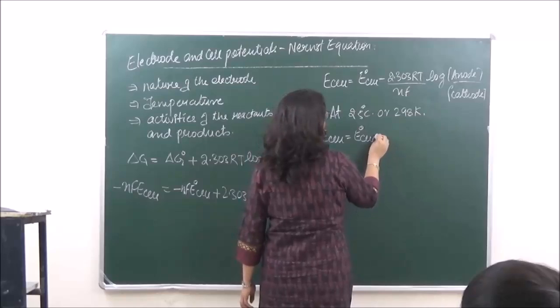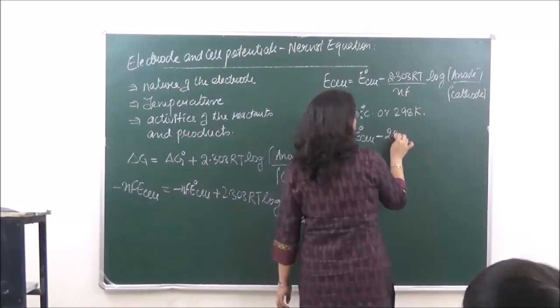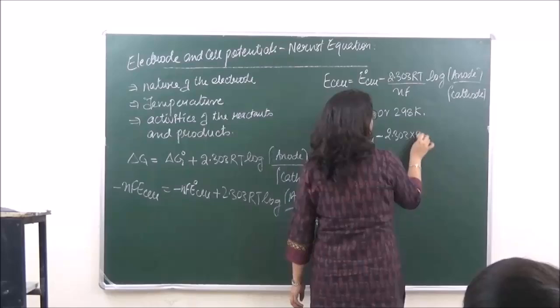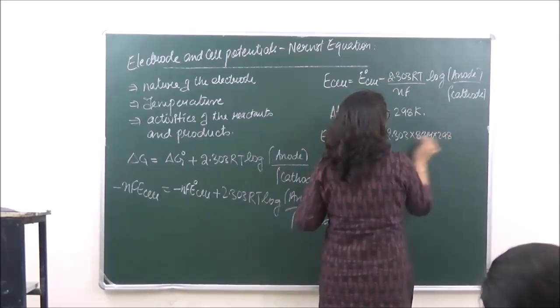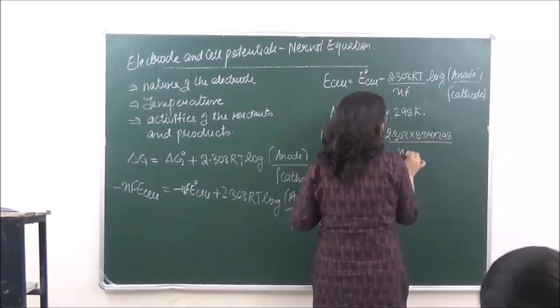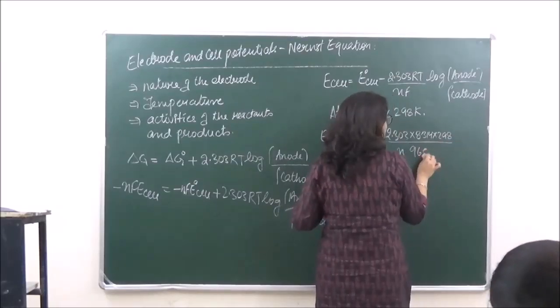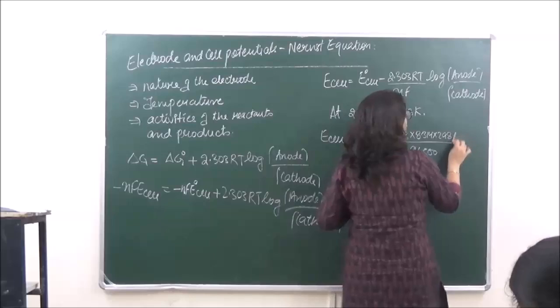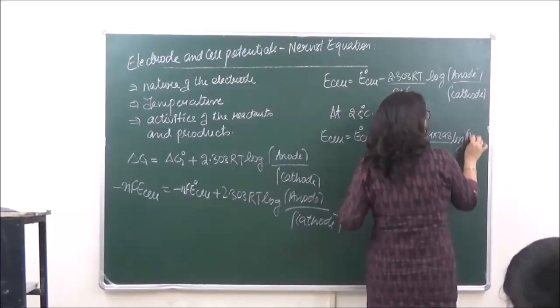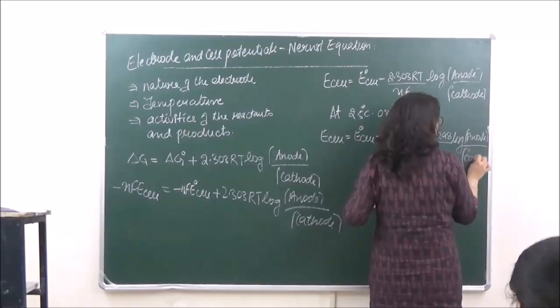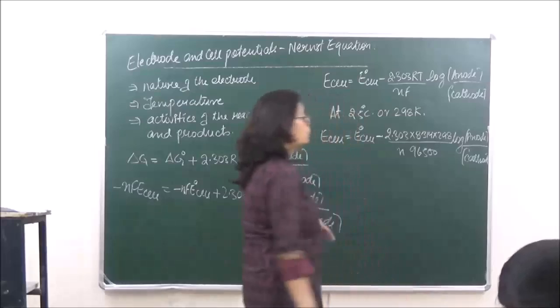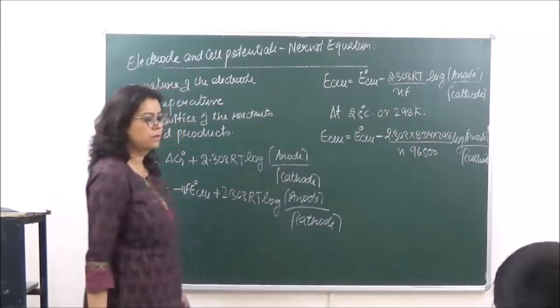So over here E cell will become equal to E naught cell. Let's put the values: minus 2.303, the value of R is 8.314, into 298 upon N into 96500, log of concentration of anode upon concentration of cathode. ठीक है?